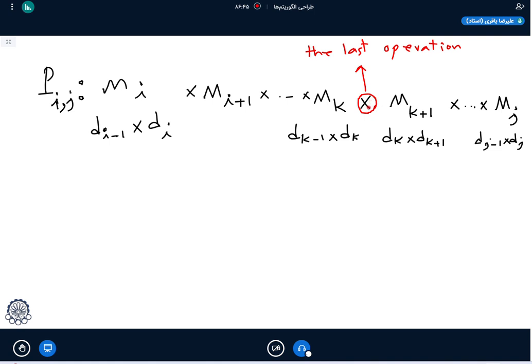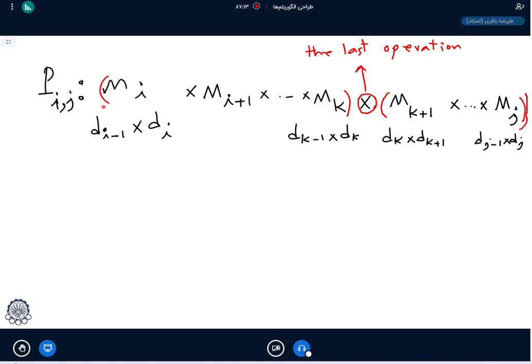If this is the last one, then in the optimal parentheses, the left side parenthesis is computed separately, the right side parenthesis is computed separately, and the result of the left side is multiplied by the result of the right side.